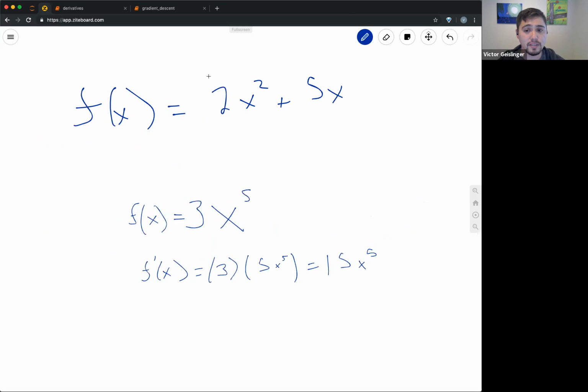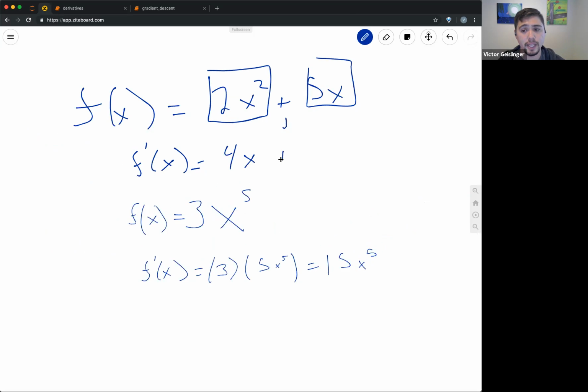All you do is take the derivative of this term, take the derivative of this term, and add them together. So f prime of x would equal 4x plus, in this case, just 5, since the derivative of 5x is just 5. So every time you have addition like this, you can take the derivative of each individual term and then put them all together.